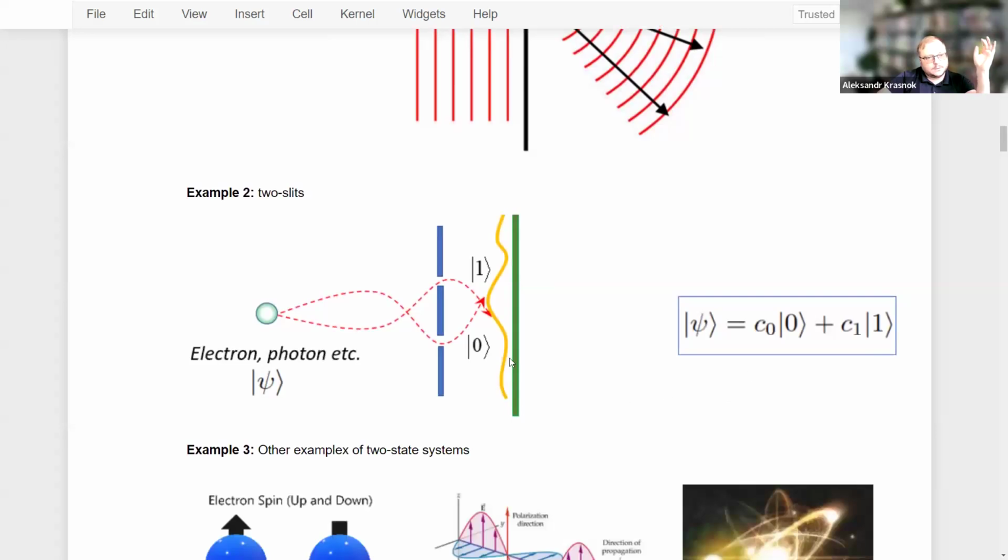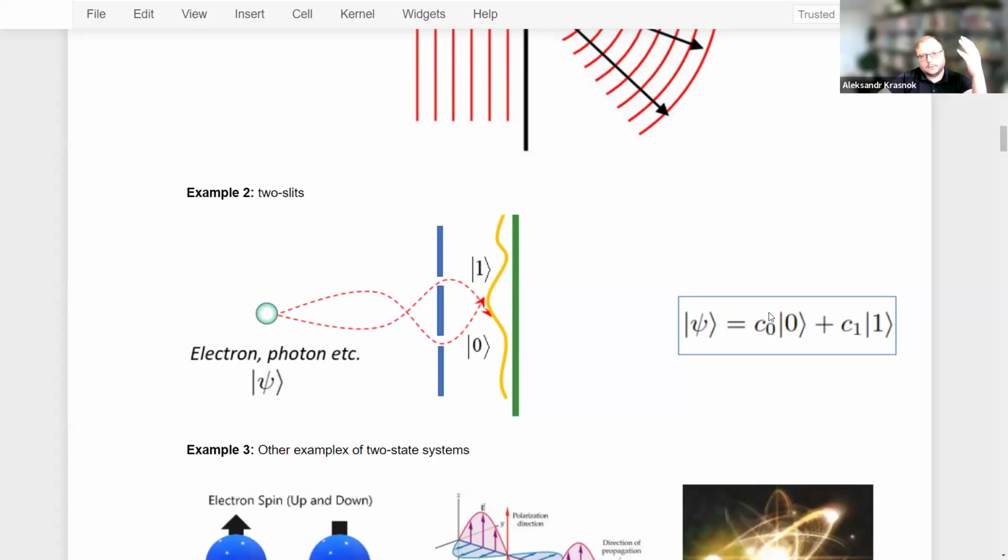Another example is a system with two slits. Let us use a screen with two slits, two holes, so the electron can move either this way or that way. The only two options here. So we restricted the entire Hilbert space of our electron to only two options, path 0 or path 1.